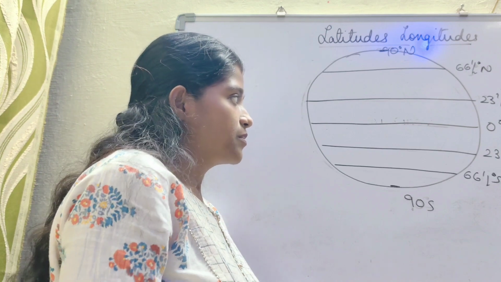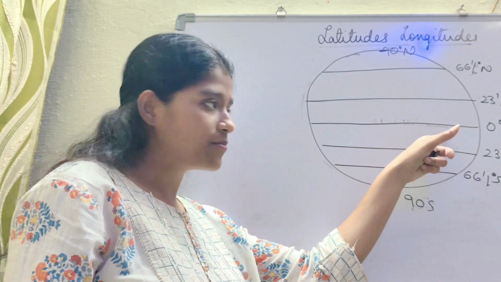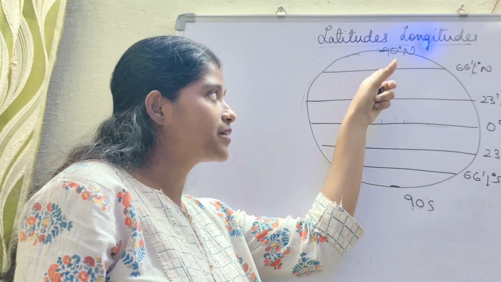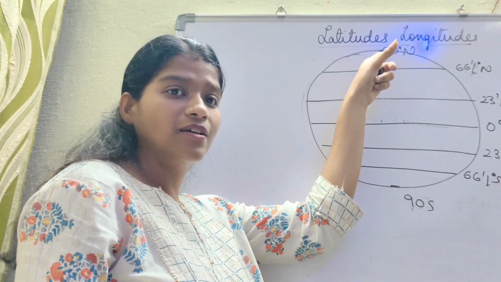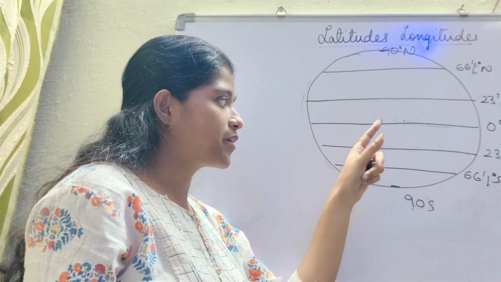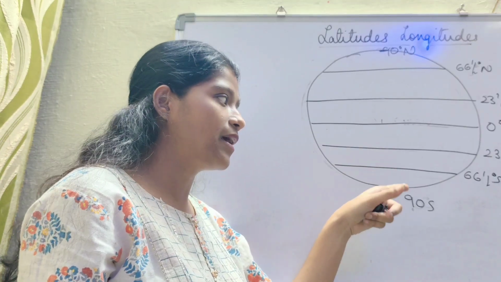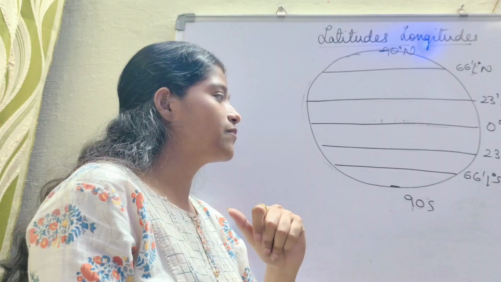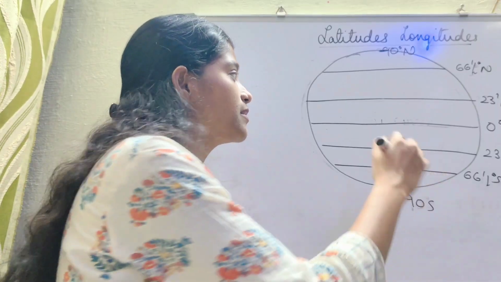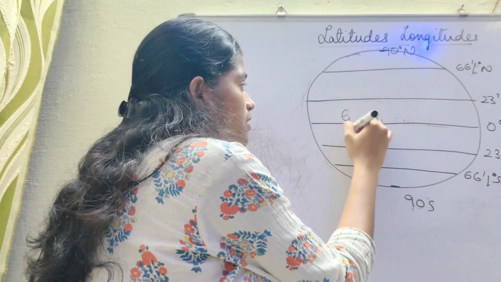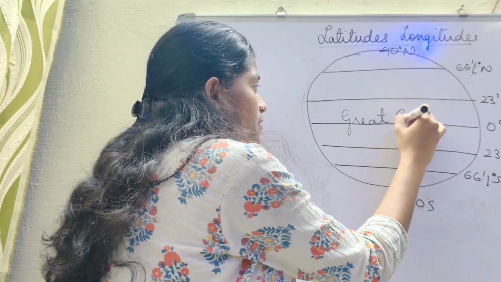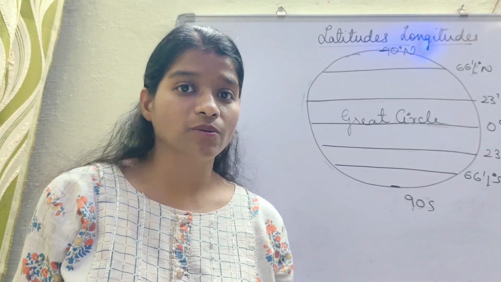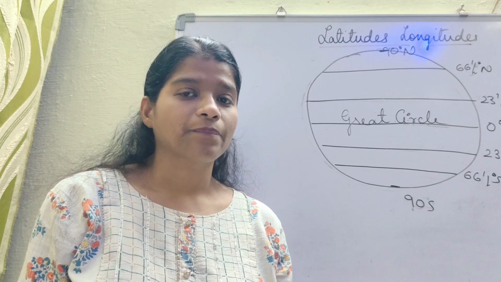This is the equator, you all must be knowing. This is the Tropic of Cancer, this is the Arctic Circle, and this is the North Pole. This is the Tropic of Capricorn, this is the Antarctic Circle, and this is the South Pole. One important thing to remember is that the equator is known as the Great Circle.